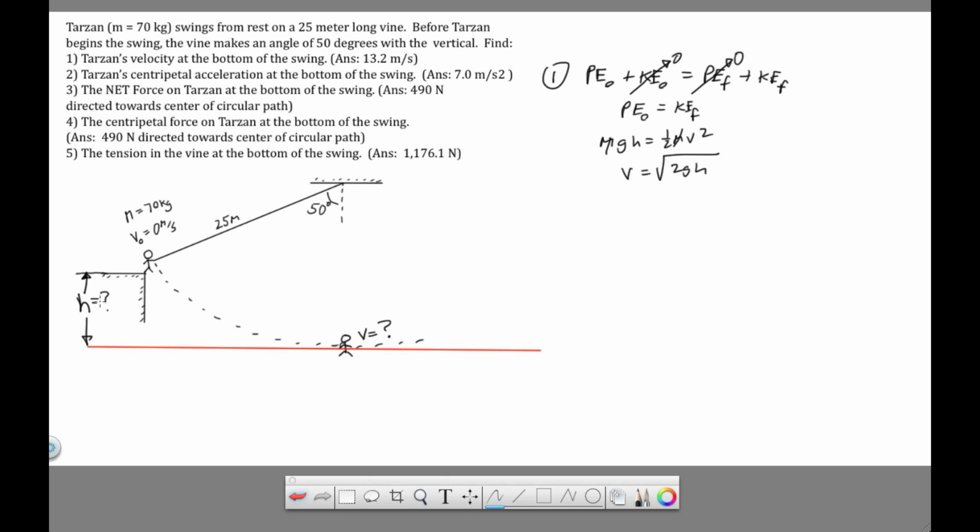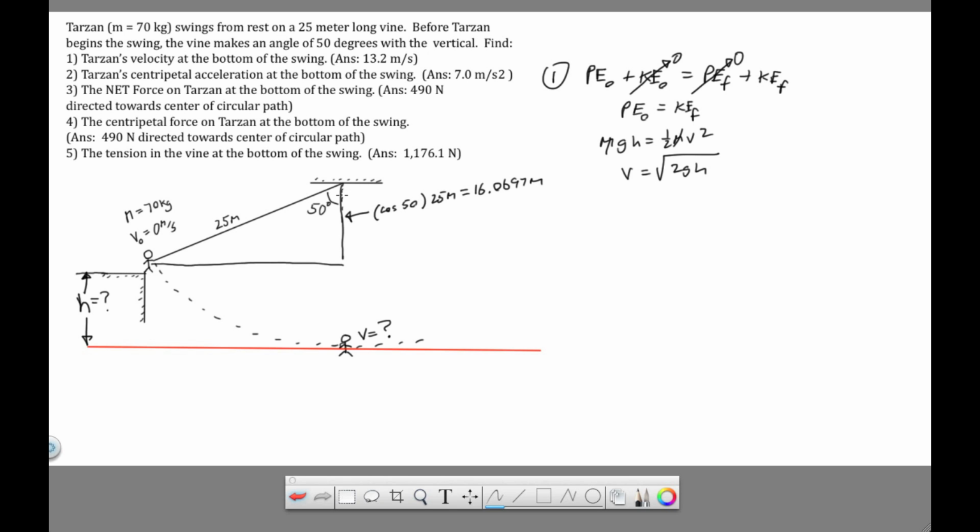Now, we need to find the h, and I think I actually have a video on this already. Finding h is just a trig and geometry problem. So the way you go about this is you make a triangle up here, and this side of the triangle is cosine 50 times 25 meters, which is equal to 16.0697.